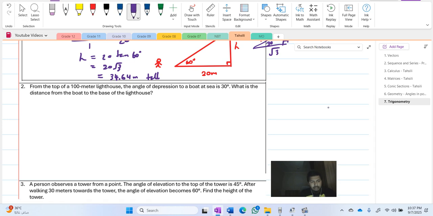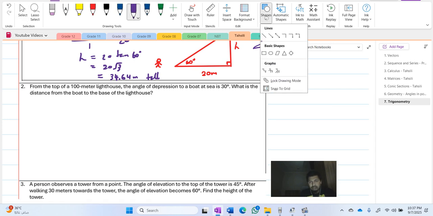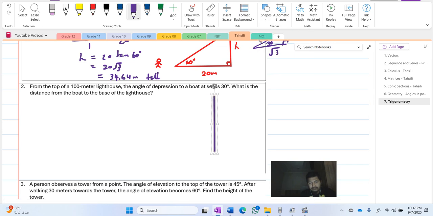From the top of a 100-meter lighthouse, so this is a nice classical example. There's a lighthouse here, and that's 100 meters. The angle of depression to a boat, so there's a boat at sea here, is 30 degrees.